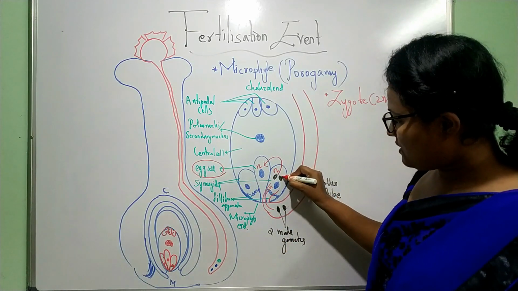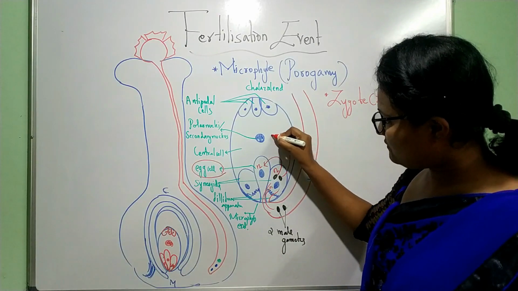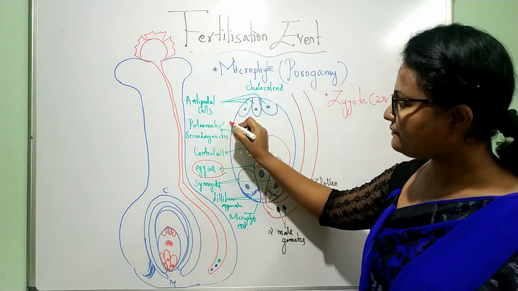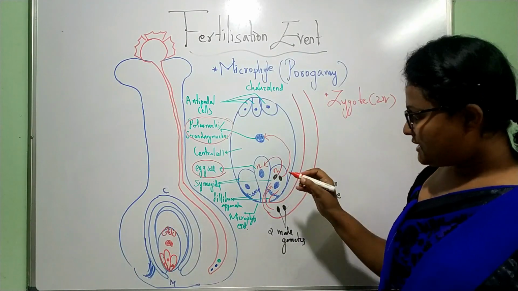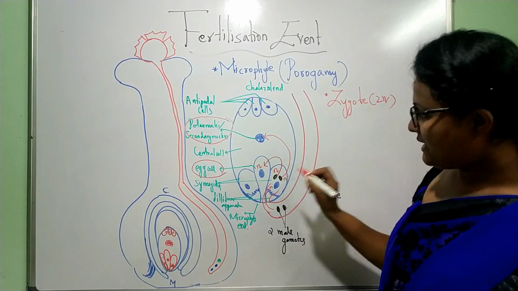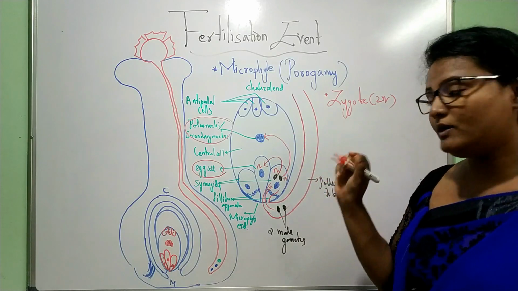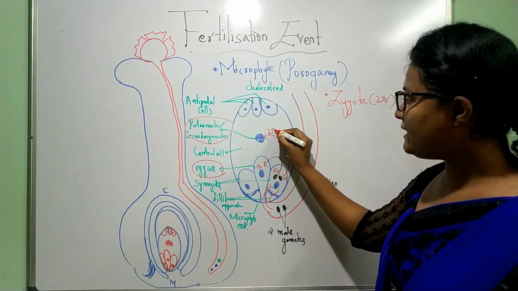Next, the other male gamete goes and fuses with the polar nuclei or secondary nucleus. This male gamete is n and the polar nuclei is 2n.